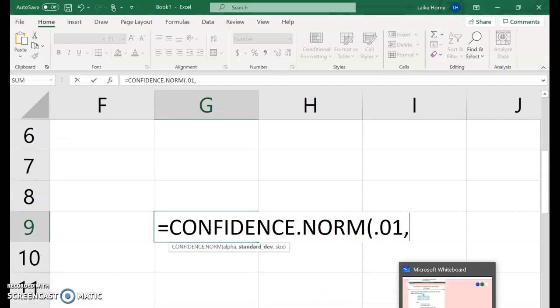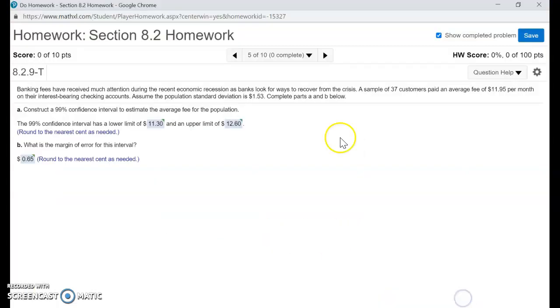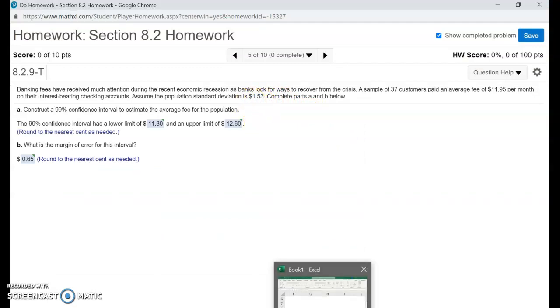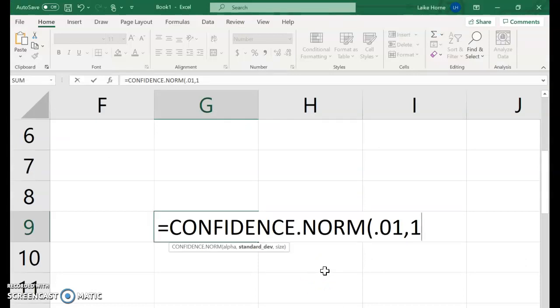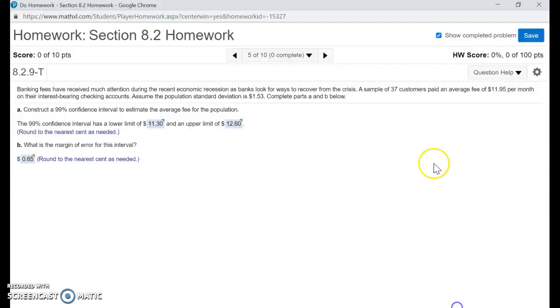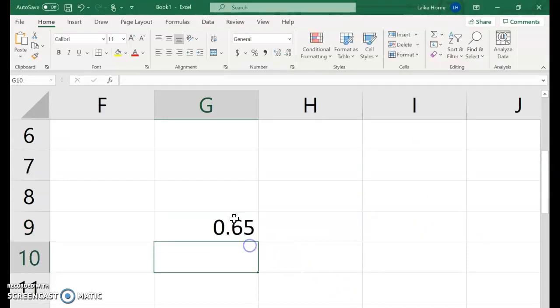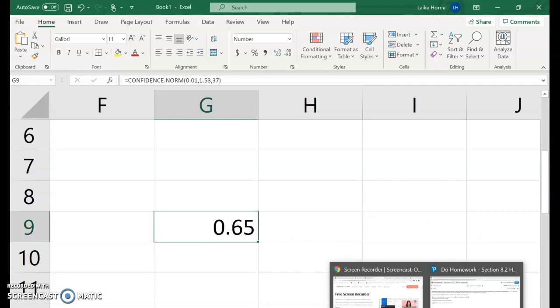And then we want the standard deviation, and the standard deviation for the population is 153. And then we want the sample size, which is 37. So our margin of error here is 0.65.